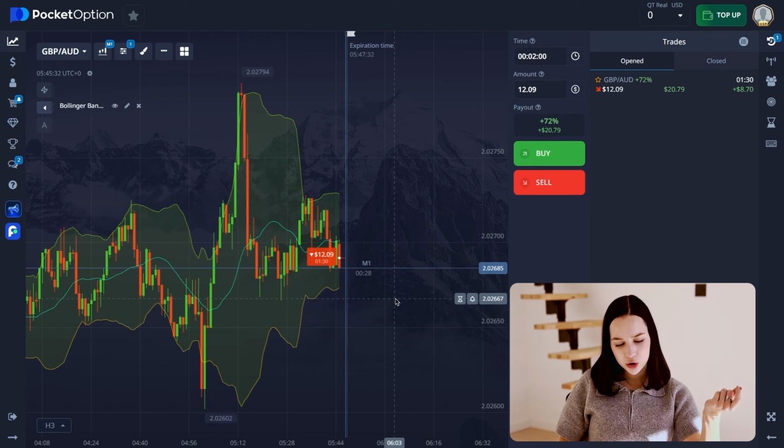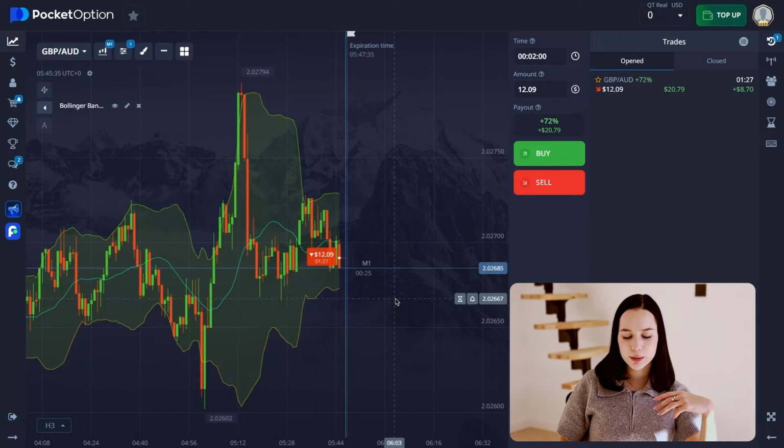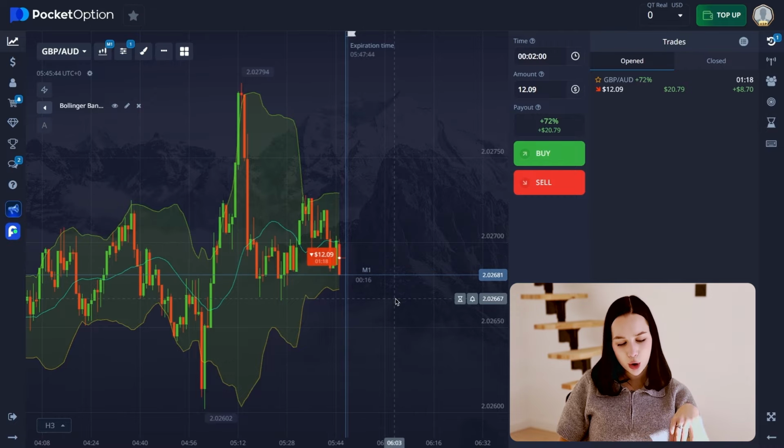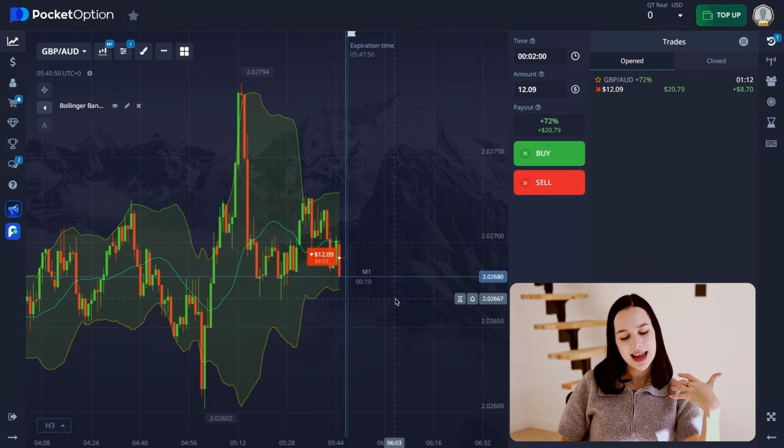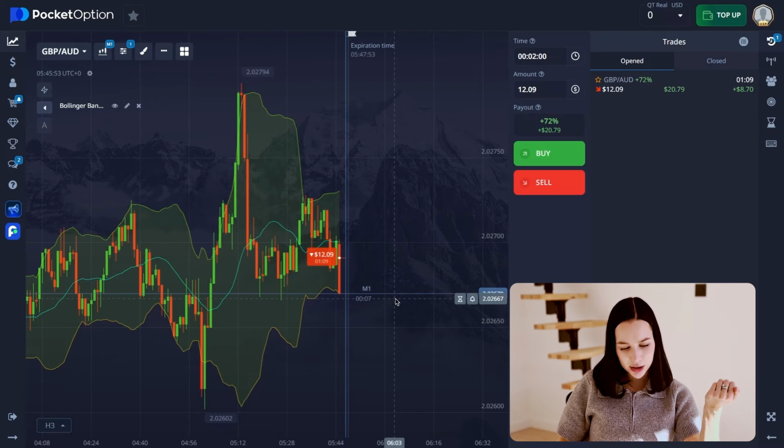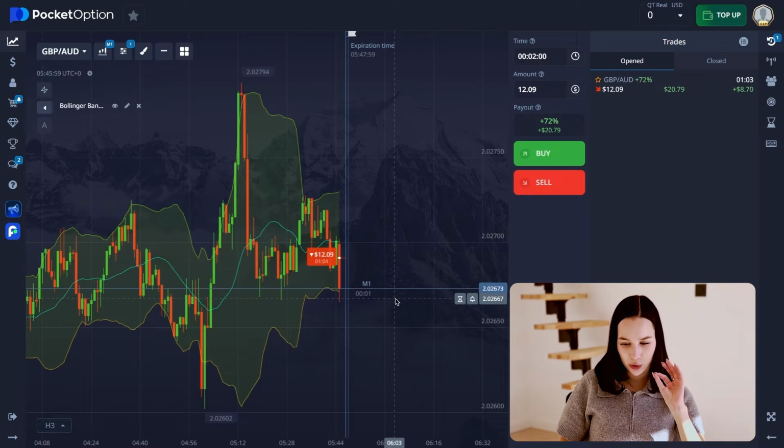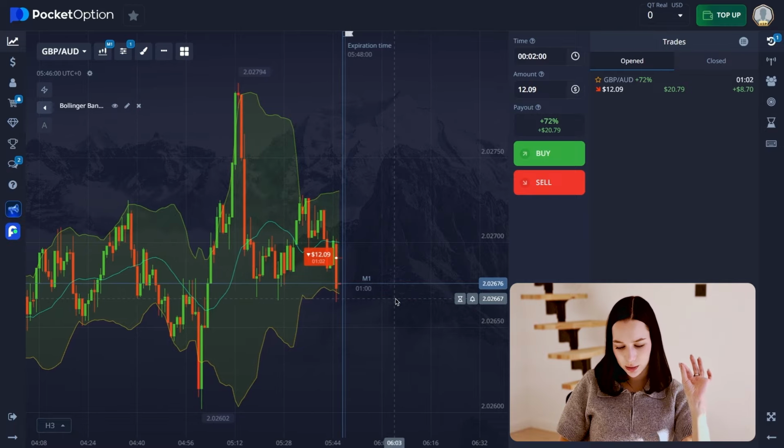So after the strong drop from the upper band, the price formed a small consolidation zone near the middle band, failing to break above it. So the failure to hold above the midline indicates that the pullback ended and a continuation of the downward move is likely. So now we have 1 minute and 4 seconds, and we're in a really good plus, as we can see.